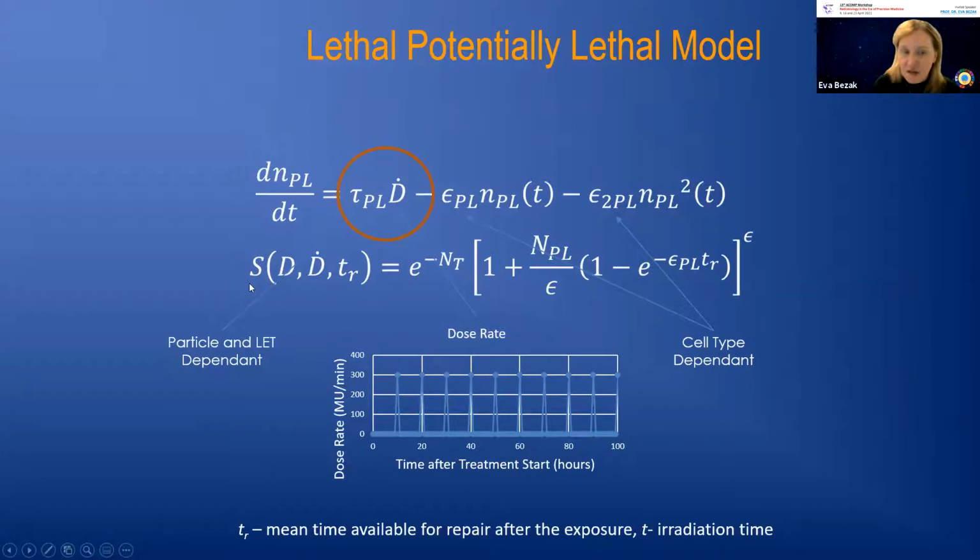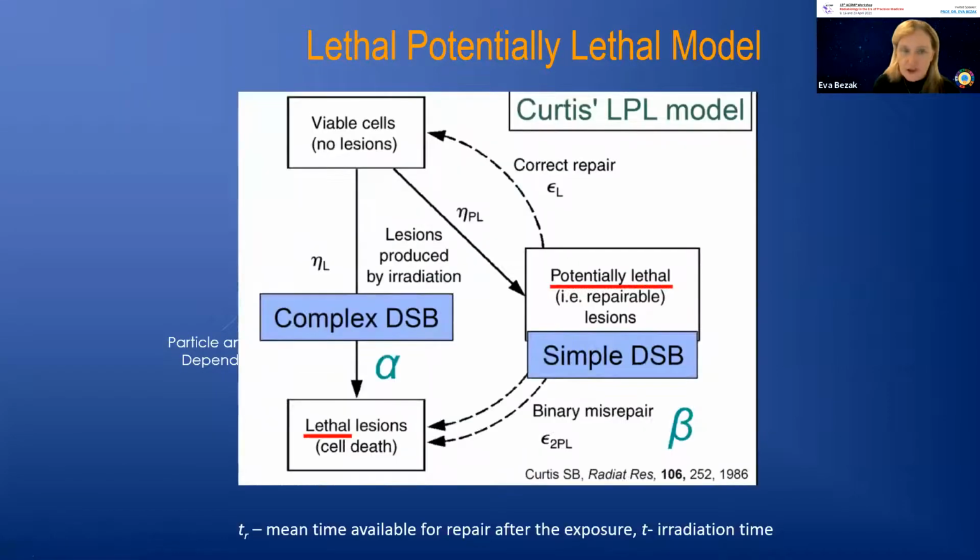And then the surviving fraction of the tumor cell is a function of dose rate, and the time available for repair after the exposure time before you hit the tumor with another dose of radiation. These two parameters, epsilon PL and eta 2PL, are cell type dependent.